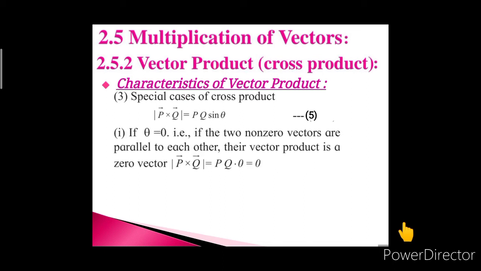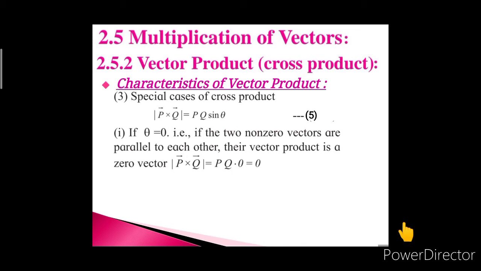Now the first case is when theta is 0, that means the angle between vector P and vector Q is 0, or we can say that the two non-zero vectors are parallel to each other, then their vector product is a zero vector. As theta is 0, in equation number 5 we can write it as PQ sin 0 degree.